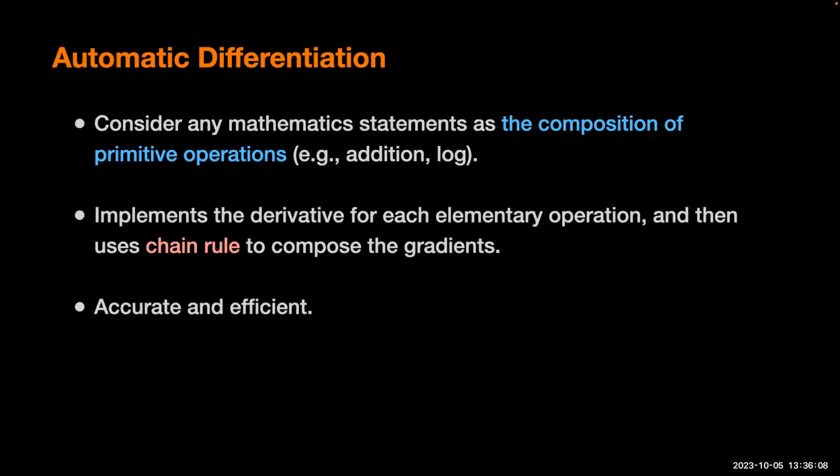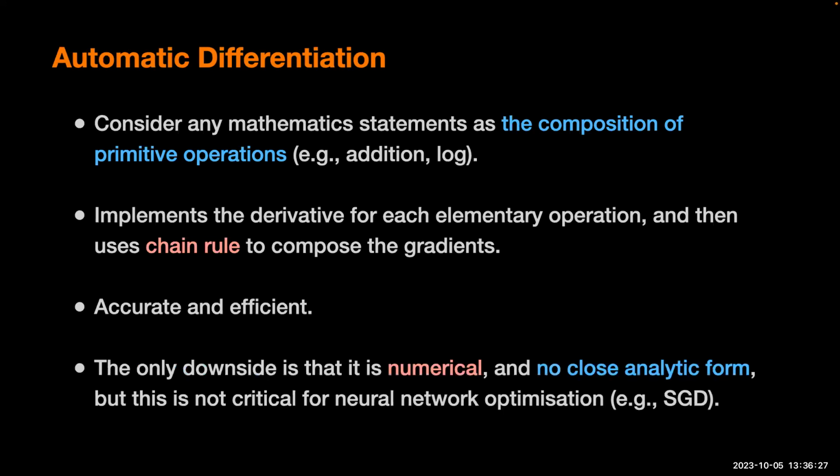This is very good in two ways. One is that it is very accurate. By default, this is the most accurate thing you can do, because you are calculating the analytic gradient for individual points. As we'll see, it can also be quite efficient. And this is where backprop comes in. The downside is that you do not have the symbolic form.